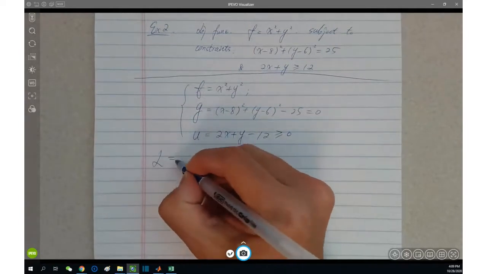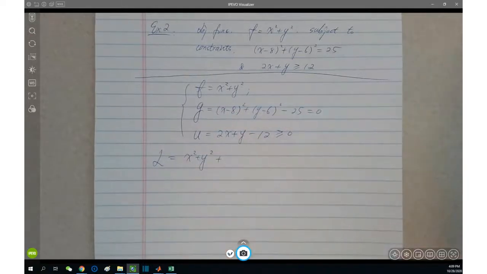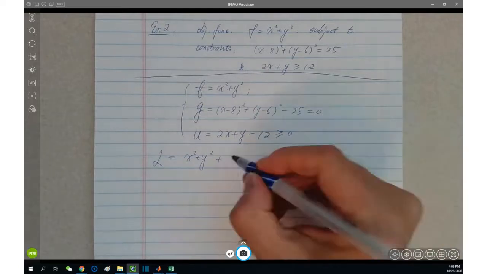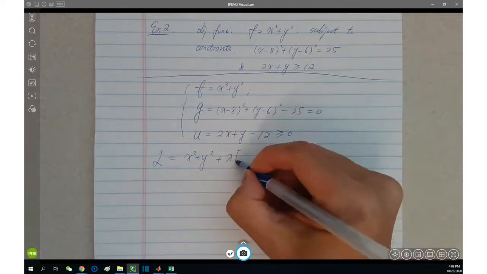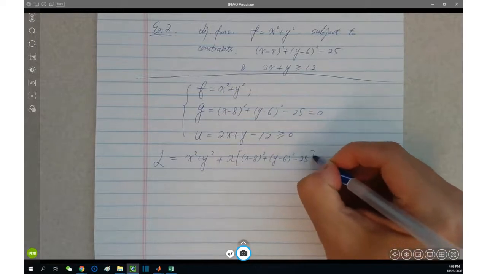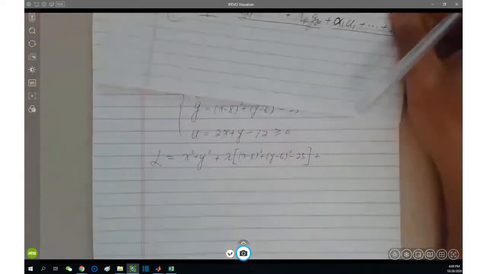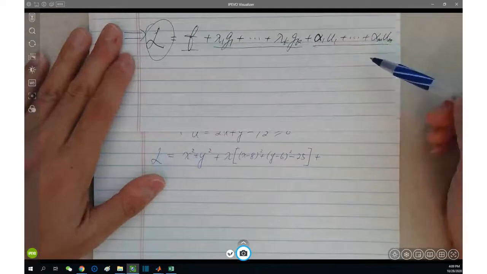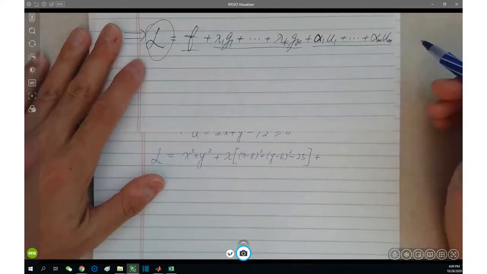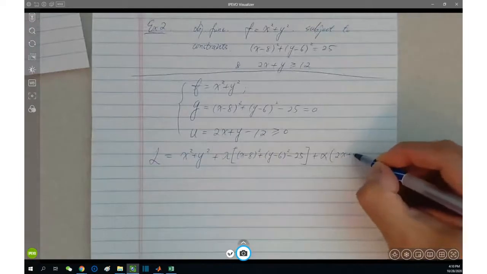The total function equals f plus lambda times g. We don't need any subscripts since we only have one g and one u, right? So lambda times g, then plus alpha. The newly introduced constant is alpha, times u, which is 2x plus y minus 12.